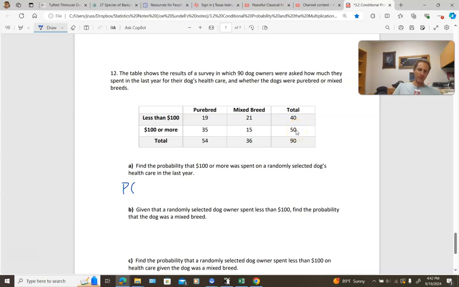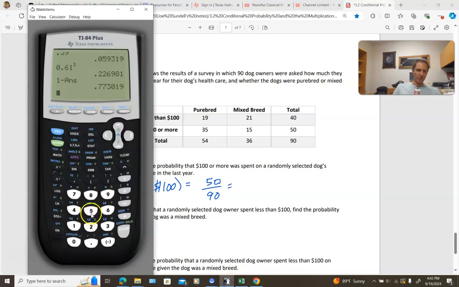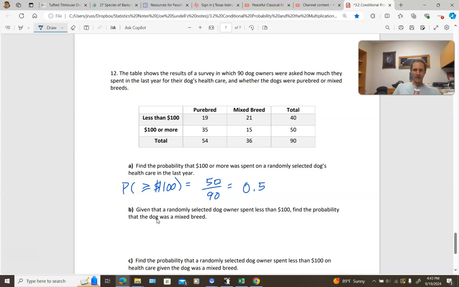We could write it like this: the probability they spent greater than or equal to $100 is going to be 50 over 90, which is the same as 5 divided by 9, by the way. As a decimal, it's 0.556 if I round it to 3 decimal places.